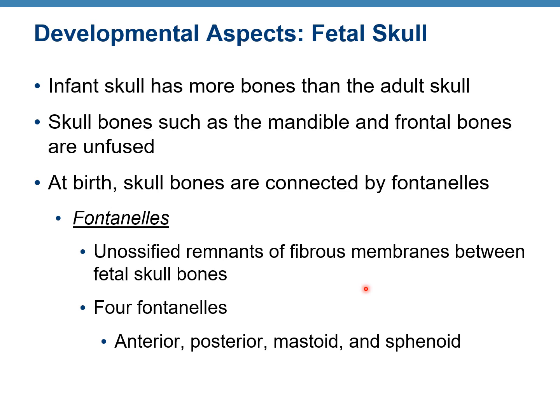And then in the first couple months of development, the brain really increases in size a lot, and those fontanelles give us extra space for the brain to grow within the skull. Imagine if the baby was born with already fused bones, the baby would not have any room inside the cranium for its brain to grow.